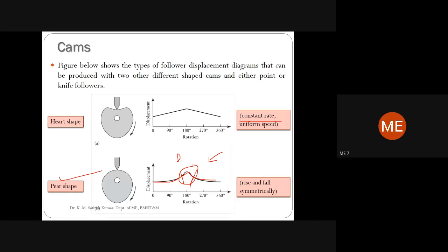If this radius portion is larger, then you are allowing more time for the dwell to occur. These are the three different types of cam follower.